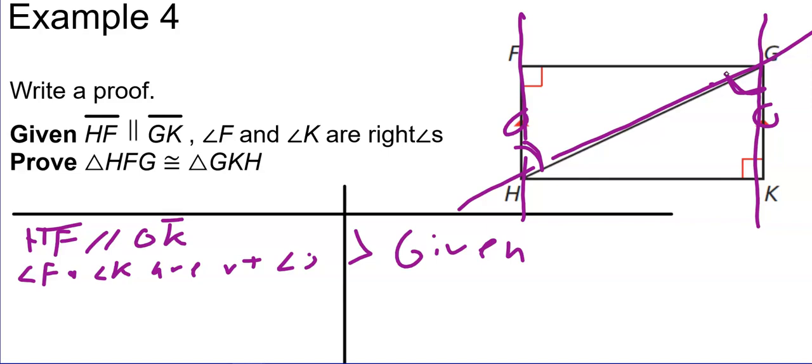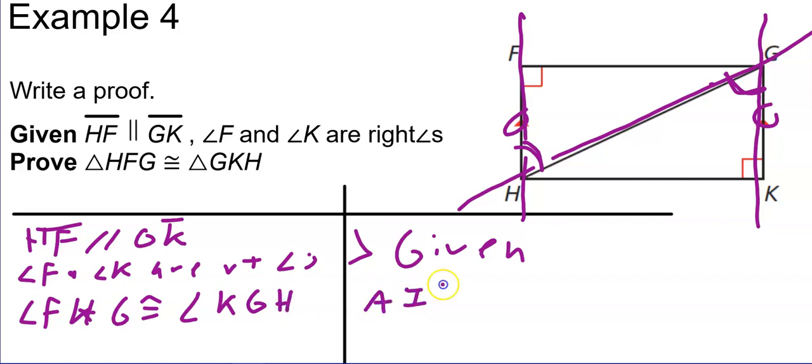I'm going to start at the right angle as a point of reference. So angle FHG, coming down to H and going up to G, is congruent to angle starting at the right angle K, going to G and down to H. And I say that by alternate interior angles.